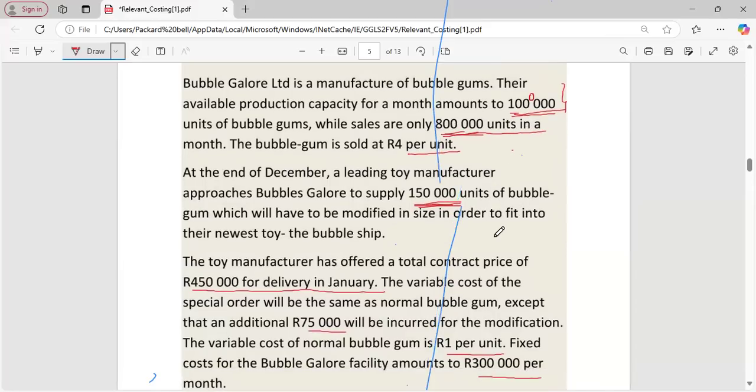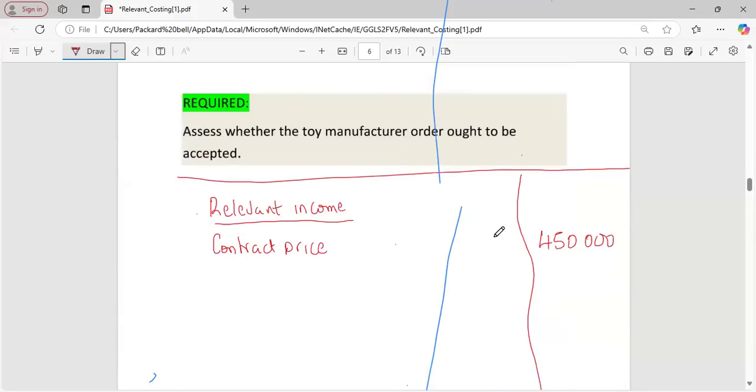In some of the questions that I see, the question might require you to enter everything here. Whether it's relevant or not, you just have to indicate that this is irrelevant. So it depends on the question. You may find that you just say income, then contract price, then relevant, then normal sales, then irrelevant, which means you're not going to record anything here.